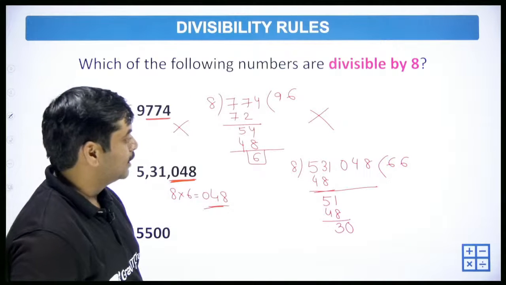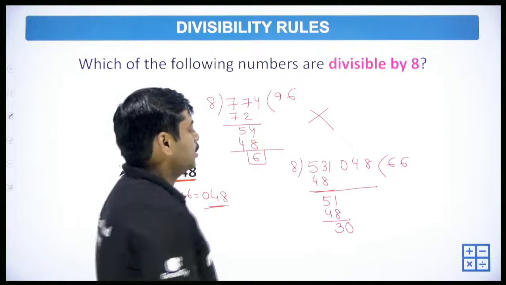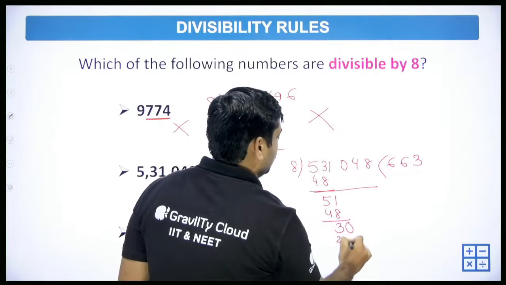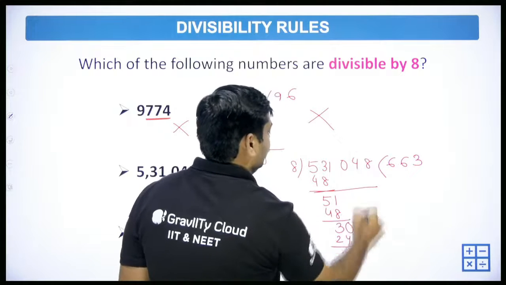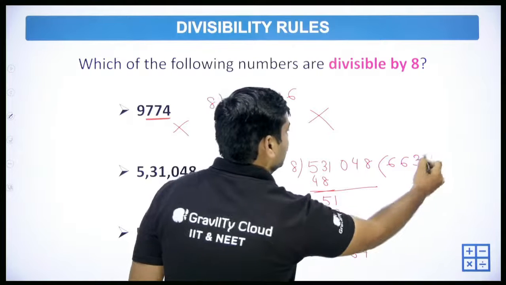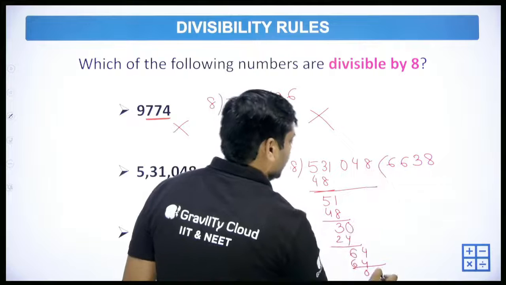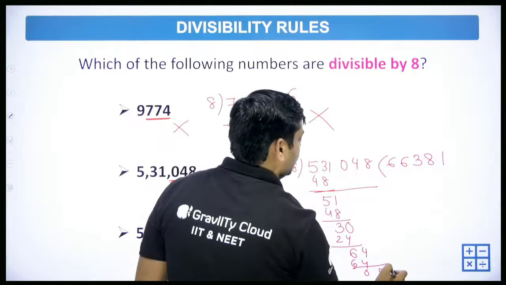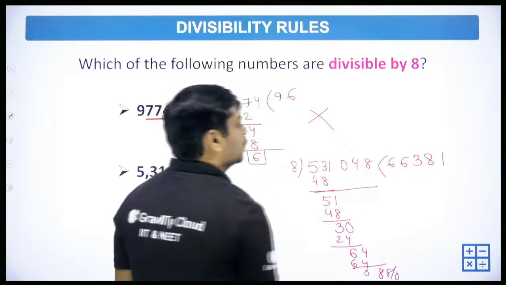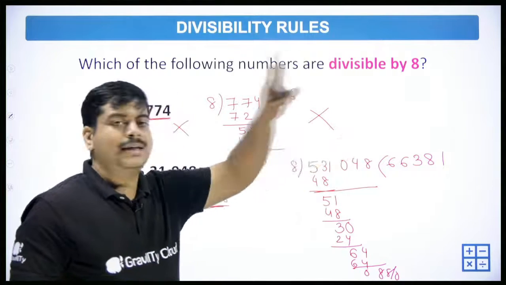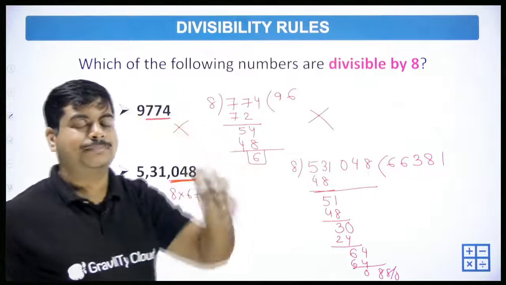Once again, let us try to understand that. 8 3s are 24. So we are left with 6. And then we have 4. 8 8s are 64. 0. And then we are left with 8. 8 1s are 8. And we get the balance 0. Yes, we got the remainder as 0. So we can say that it is exactly divisible by 8.